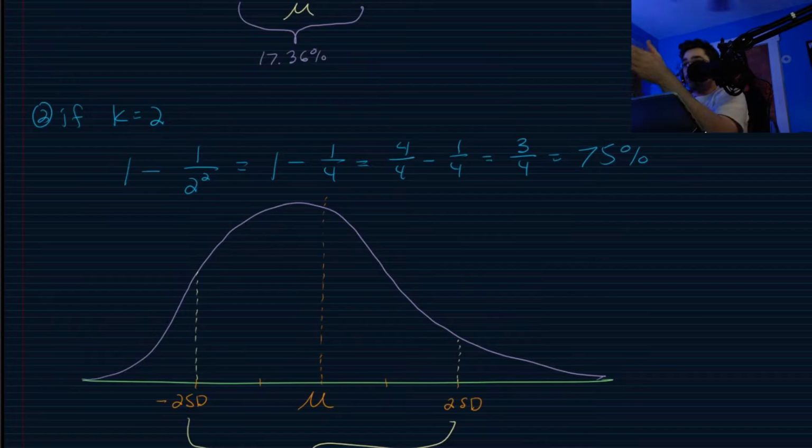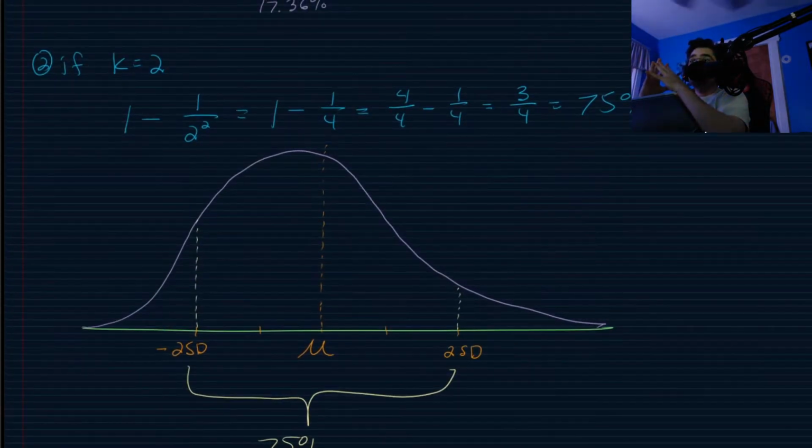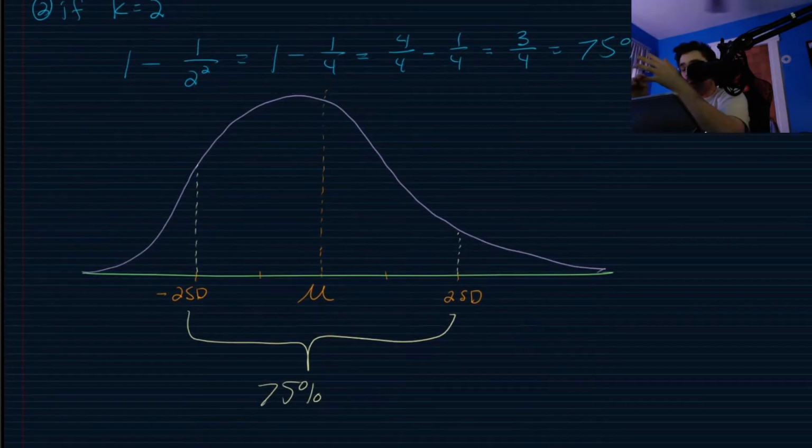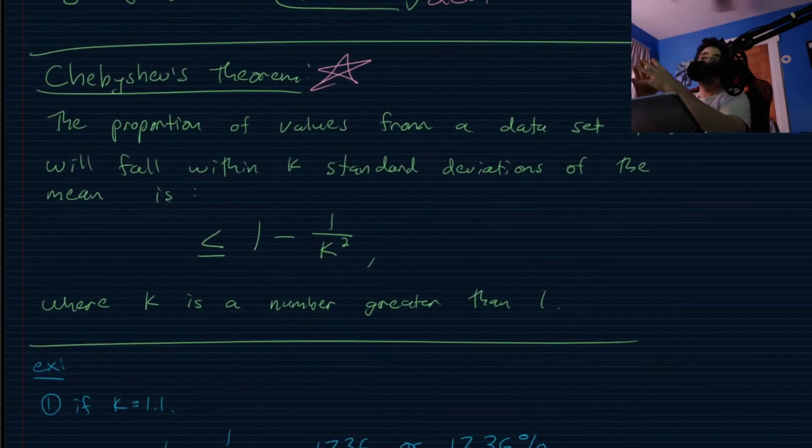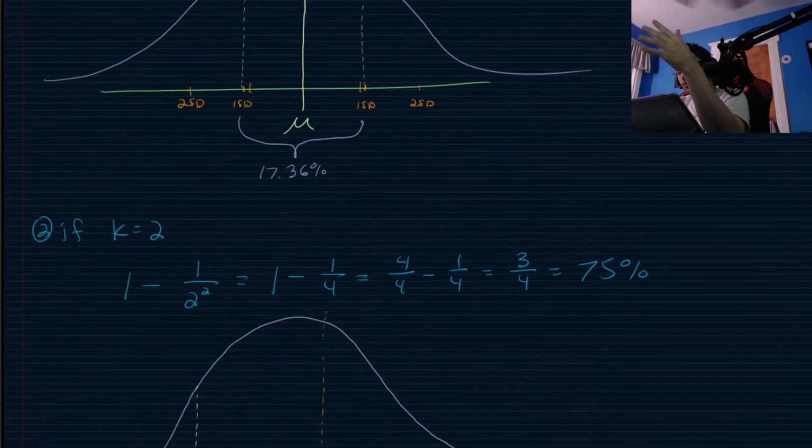So I go 2 standard deviations to the left of the mean, 2 standard deviations to the right of the mean, and that is the boundaries for where 75% of the data falls between. That's what Chebyshev's theorem gives us, a minimum percentage. And remember, the formula is just 1 minus 1 over k squared, where k is the number of standard deviations away from the mean that you're looking at in each direction, of course.